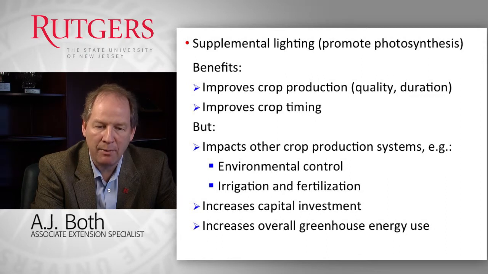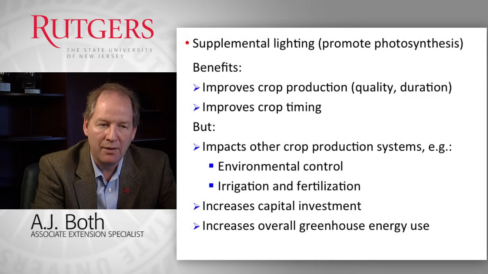But as we're adding supplemental lighting, we are typically also impacting the entire environmental control system. We are changing the environment. We are adding heat because the lamps are not 100% efficient in converting electricity into light. Some of the energy is transferred into heat. We're adding heat to the greenhouse. And that means that we have to worry about how this impacts our cooling system or our heating system.